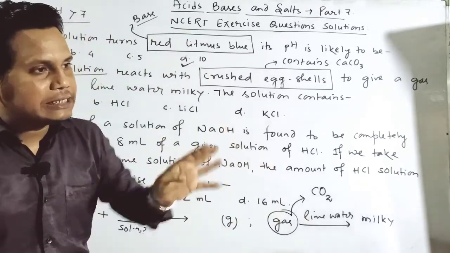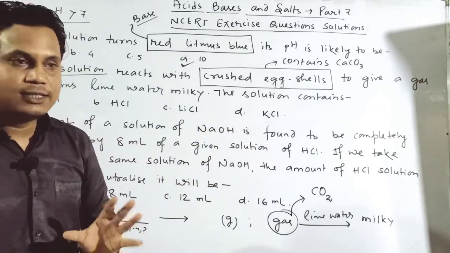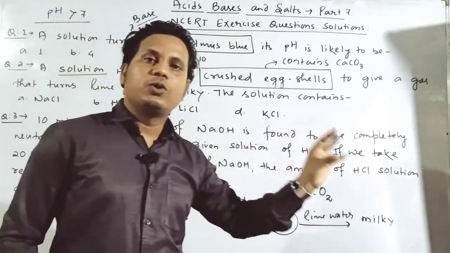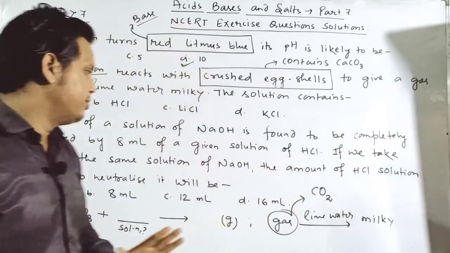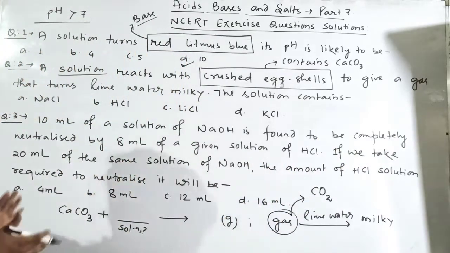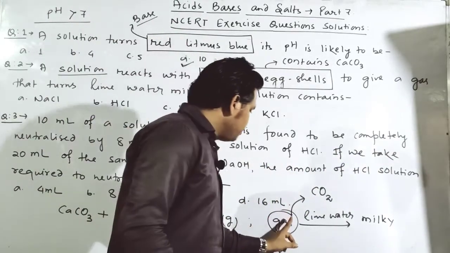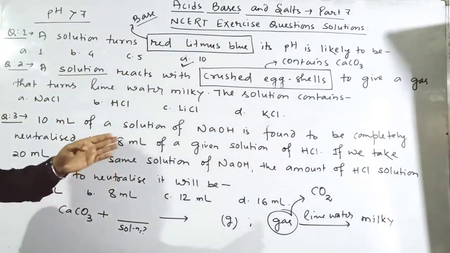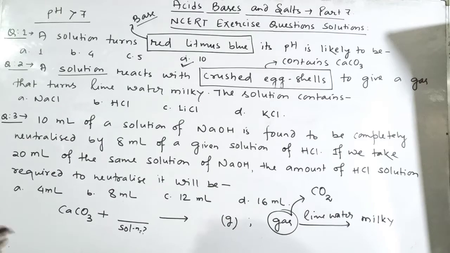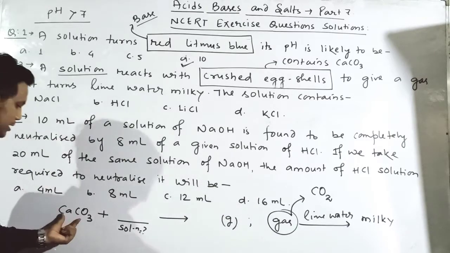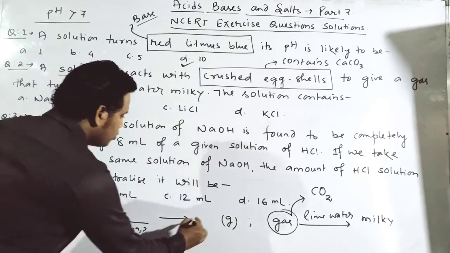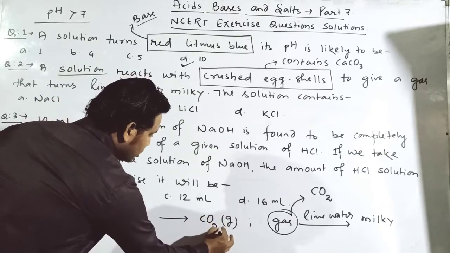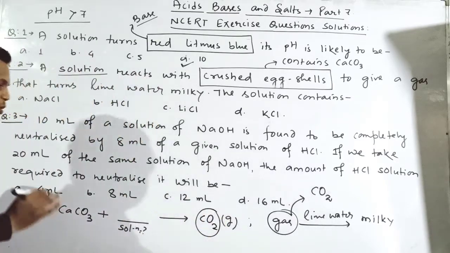And when excess carbon dioxide gas is passed, that milky solution will disappear. So this thing we have discussed. Now for this question, the gas will be carbon dioxide because CO2 turns lime water milky. So the solution reacts to produce a gas, and the gas is carbon dioxide.